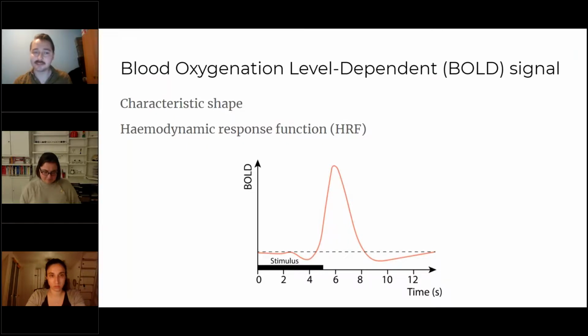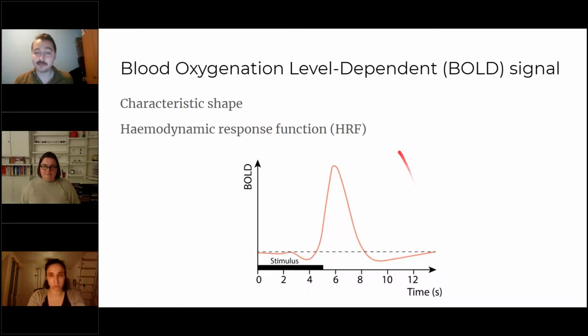And this increase tends to be a massive overshoot of the actual metabolic demands of the neurons in that area. So much more blood and oxygen flows into that area than the neurons actually have the capacity to suck up. So this will overall cause an increase in the MRI signal.